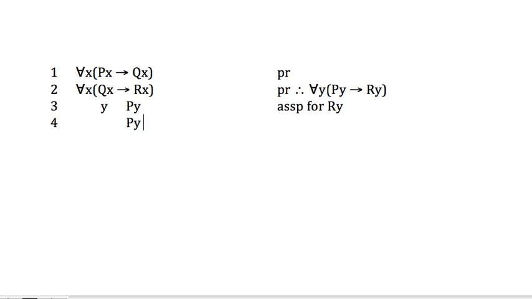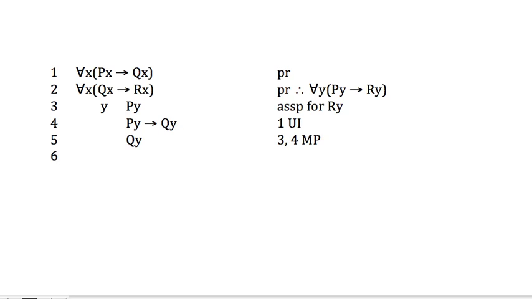I can now go back to line 1. I can get py arrow qy. That's from 1 by universal instantiation. From 4, I can get qy if I use 3. So from 3 and 4 by modus ponens, I get qy.